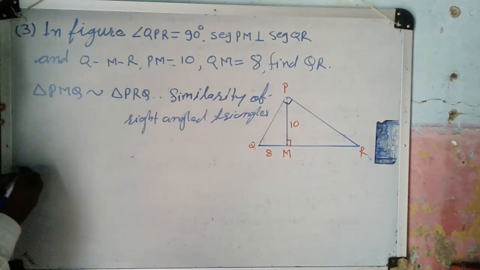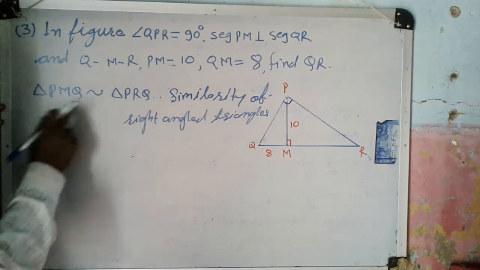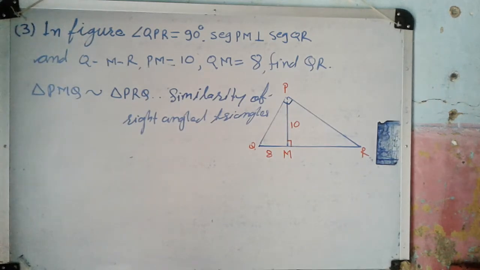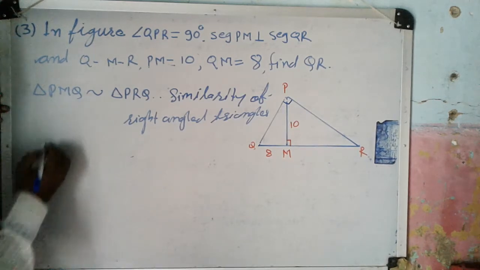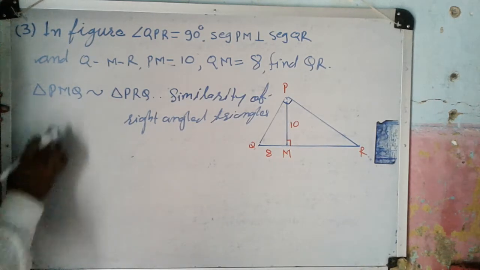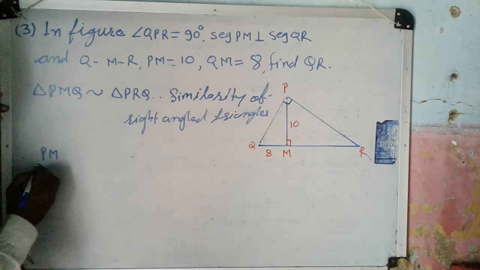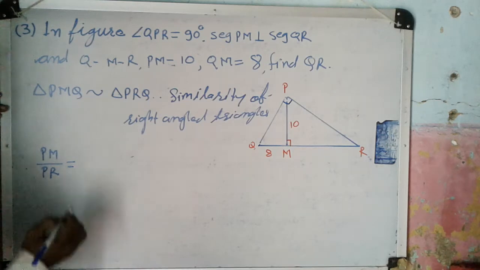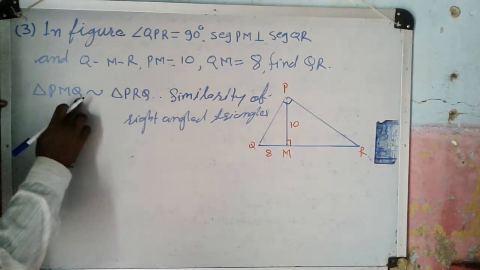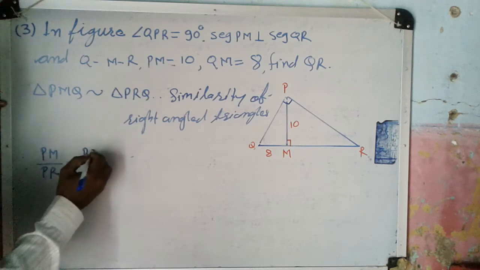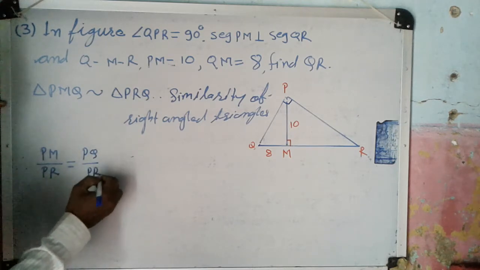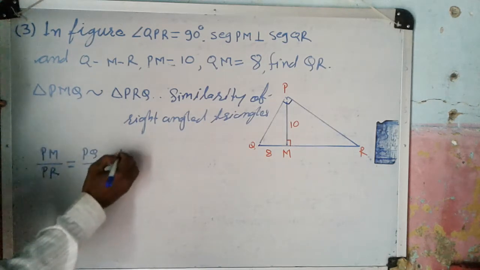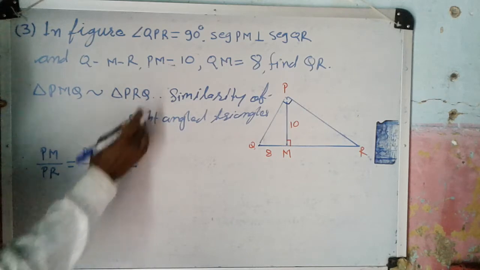So that means if these two triangles are similar, then their corresponding sides are in proportion. And therefore, we will take the ratio of corresponding sides. PM upon PR is equal to PQ upon PR is equal to MQ upon RQ.